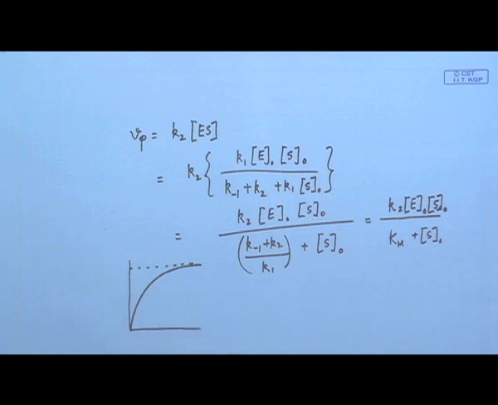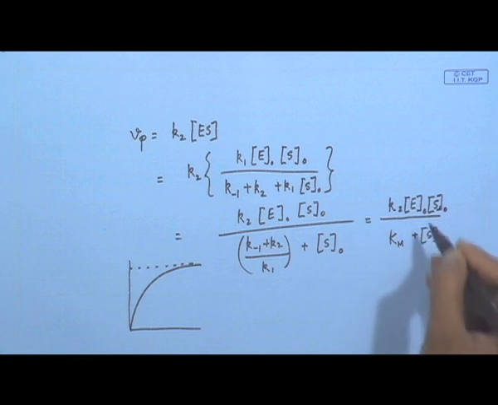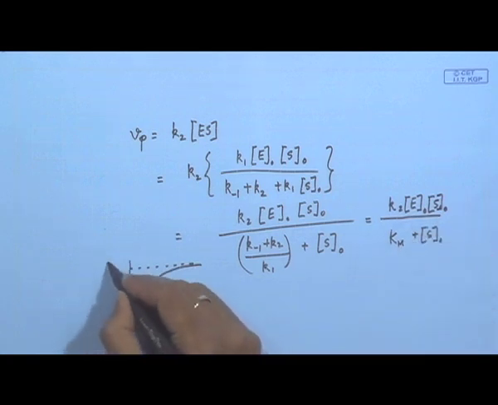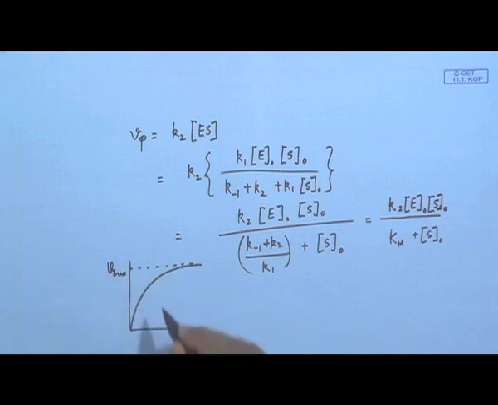So, it is nonlinear, looks like a parabola, though not exactly a parabola-like dependence, it is not very clear from here anyway. So, it is like this. This is Vmax, this is maybe Vmax by 2, and this is your substrate concentration.